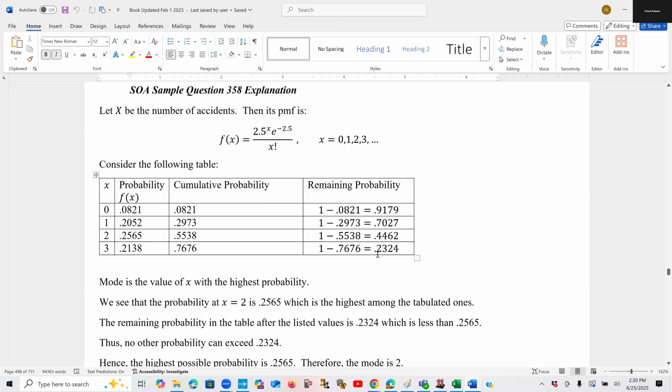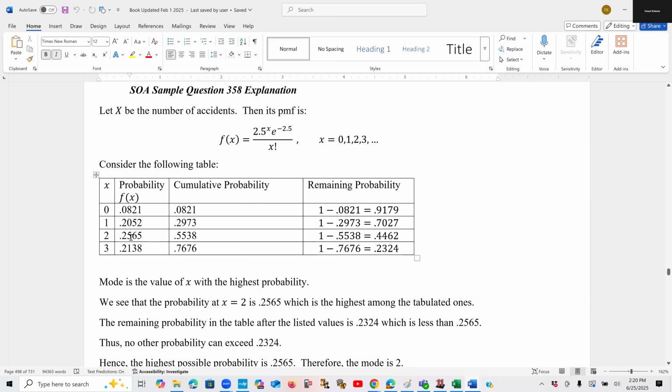0.2324. So that means that all the remaining probabilities of 4, 5, 6, and so on, they all have to add up to 0.2324, which means none of them can be bigger than 0.2324 because they all have to add up to it. And we already have a probability here, the 0.2565, which is bigger than 0.2324.